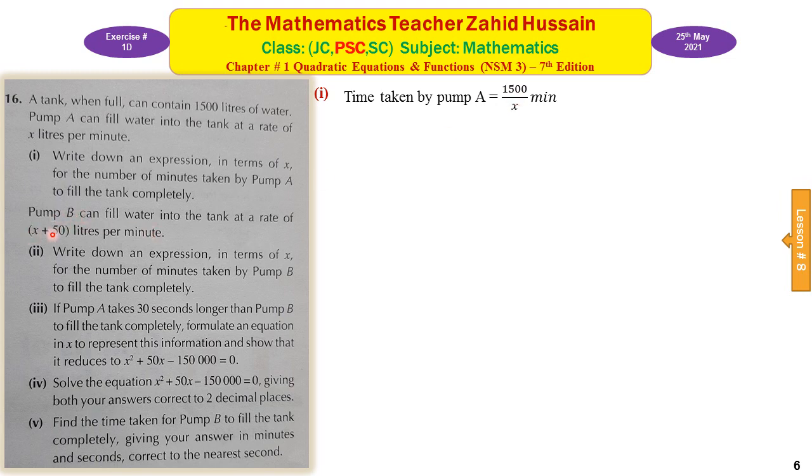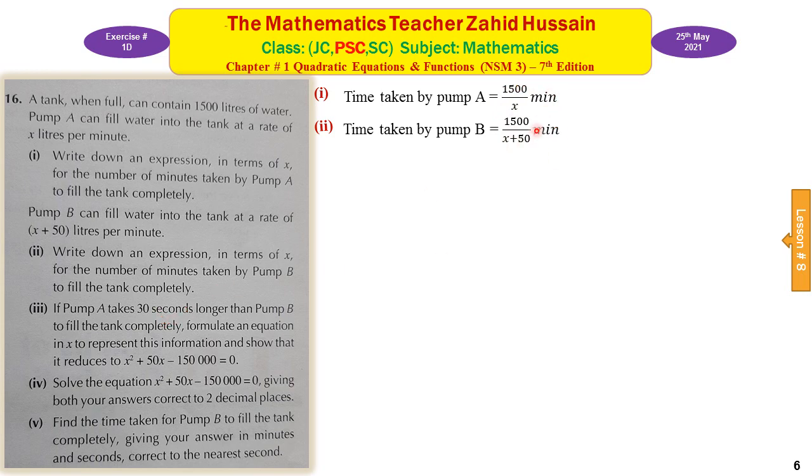Pump B takes x plus 1 minutes to fill x plus 50 liters in the tank. So 1500 liters will be filled in 1500 over x plus 50 minutes by pump B. Now in part 3 it is said that pump A takes 30 seconds longer than pump B. This time is less than this time, and the difference of these two times is 30 seconds.